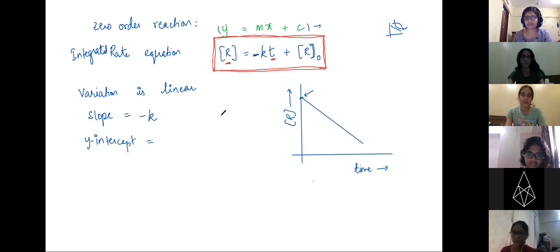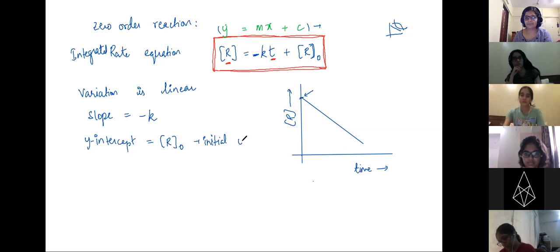You can use common sense also, logically you can figure it out. R naught, concentration of R at t equal to 0. Initial concentration, isn't it? This is basically your initial concentration. Okay?